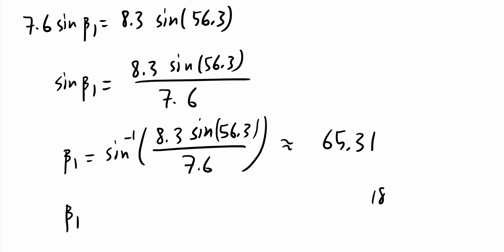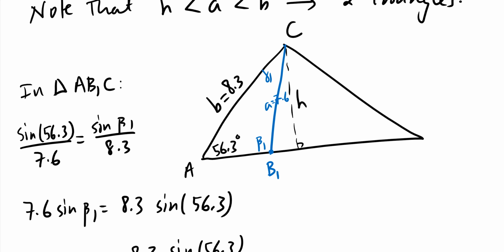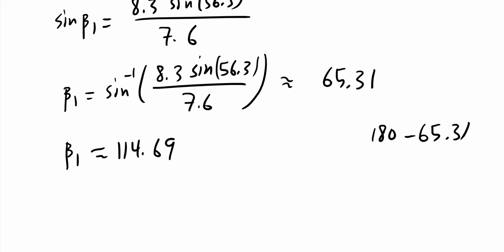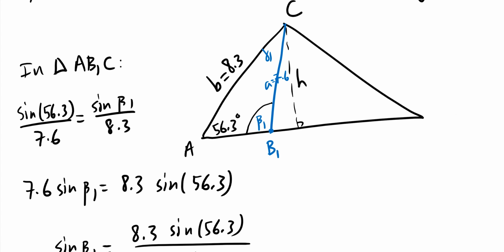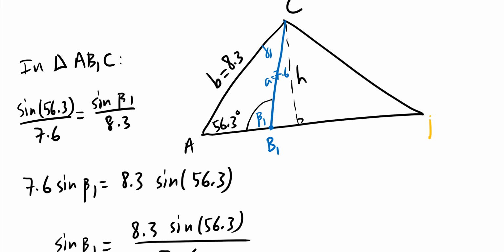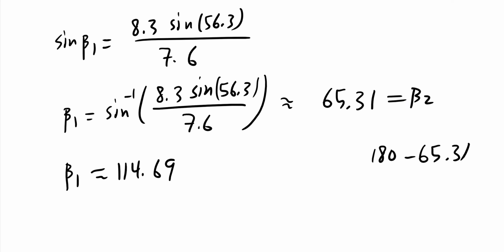If you do 180 minus that, 180 minus 65.31, that's 114.69. And you might say, wait, the calculator gave me 65. If you look at the diagram, beta 1 is the obtuse angle. So the other angle that I found, this was beta 2. This is beta 2, the 65.31.